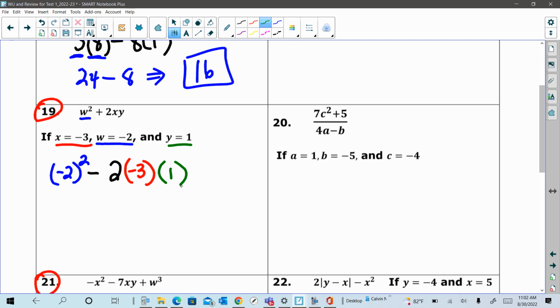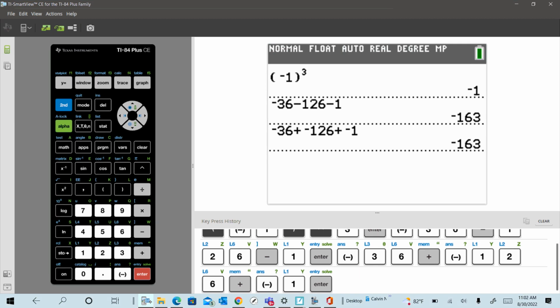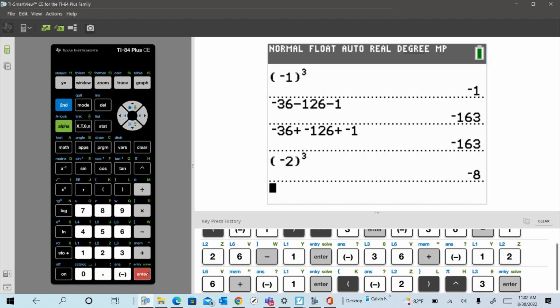When we do our exponent first here, don't forget, when you do that on the calculator, if it's an integer, you have to use your parentheses, which are above the 8 and 9. So parentheses -2, close the parentheses to the, what was it, third power? Second. Oh, second, sorry.